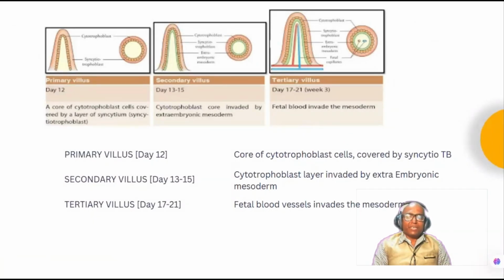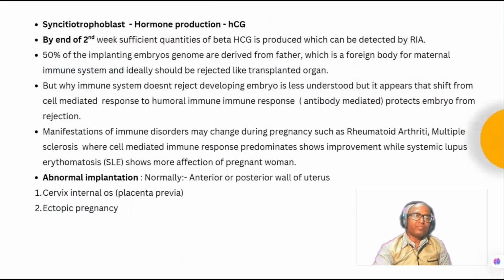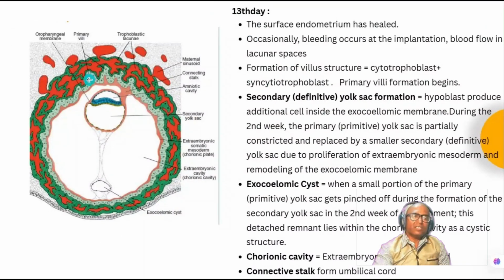Another change which begins is the formation of the primary villi. However, it will further go into the third week also. The villi formation begins by around day 12. Here we have seen the cytotrophoblastic cells and the syncytiotrophoblast. You see these projections; these projections are nothing but the primary villi.